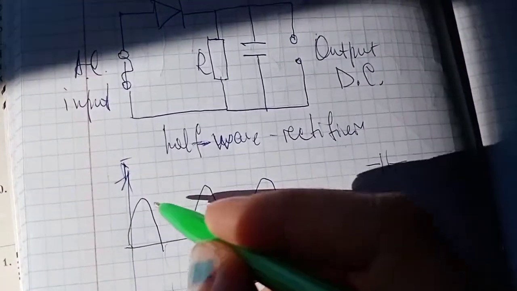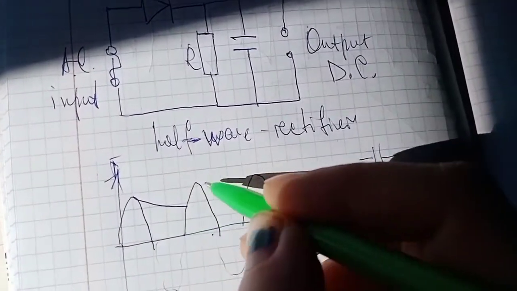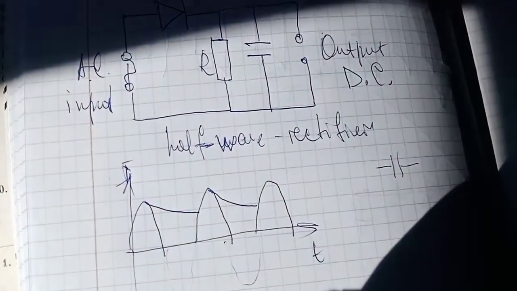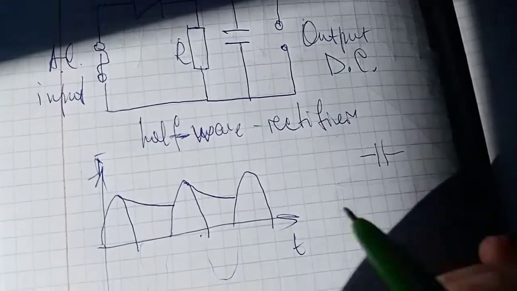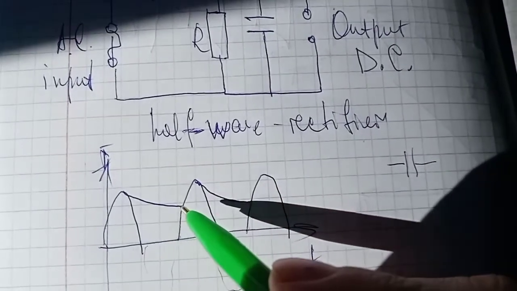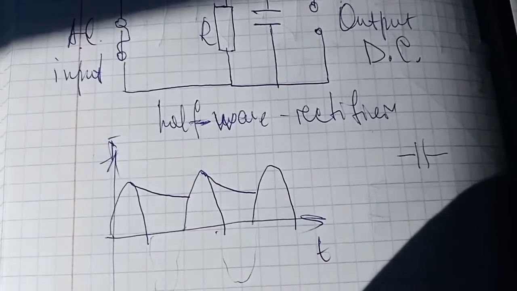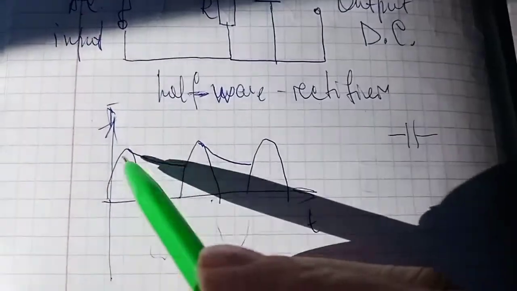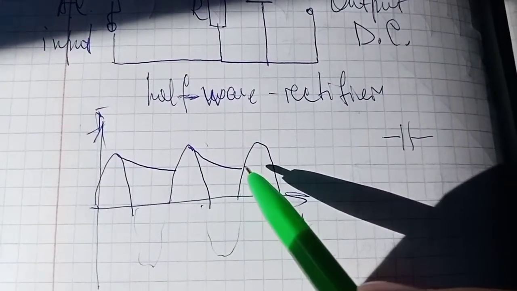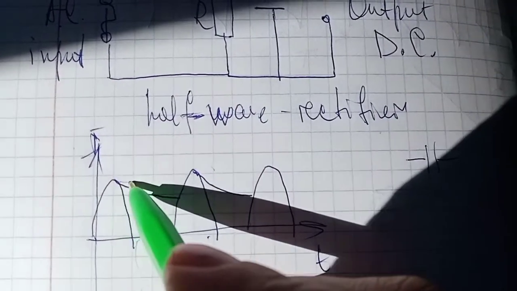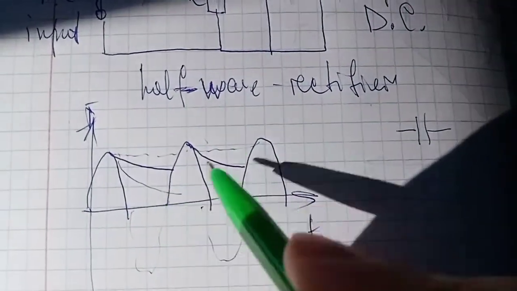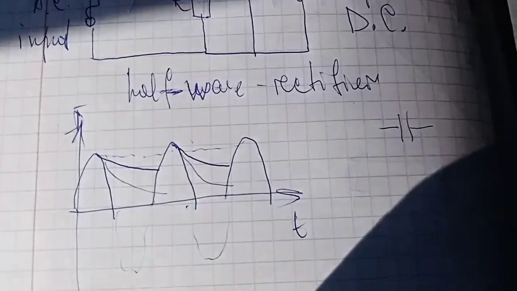When we put a capacitor here, we will have a charging time for the capacitor and a discharging time. This line becomes more horizontal or less, depending on the capacity of the capacitor.